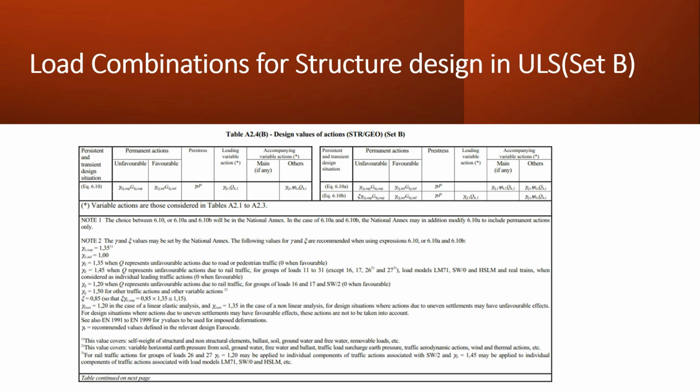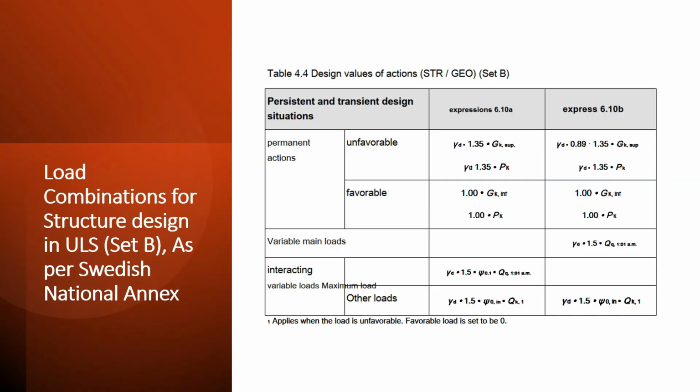But same, for example, I have put the Swedish national annexure values also. So you can see there are some coefficient changes in this table. If you compare this table to the Eurocode table for set B, you will find that there are some coefficient changes. So whenever I design any project for Sweden, I use this table as set B, right?